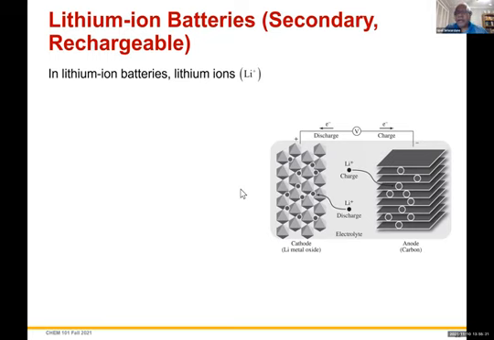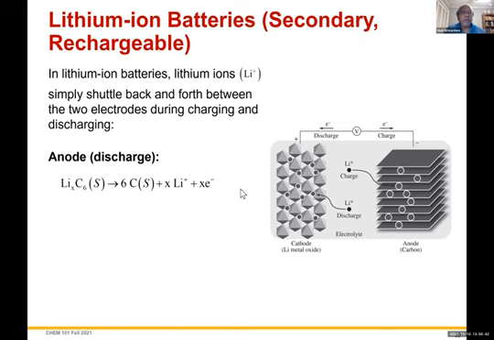The lithium ion, while discharging, moves from the carbon electrode to the metal oxide. And while charging, the lithium ion moves back to the carbon electrode. So during the discharge, lithium ions in the carbide, C6, move through the electrolyte.